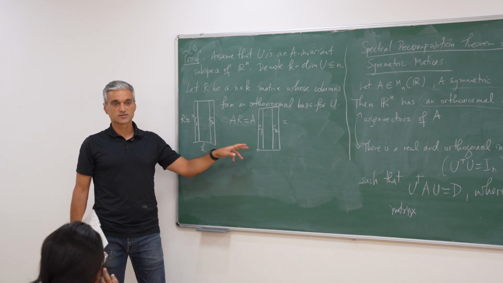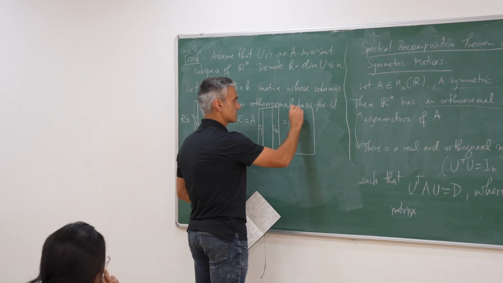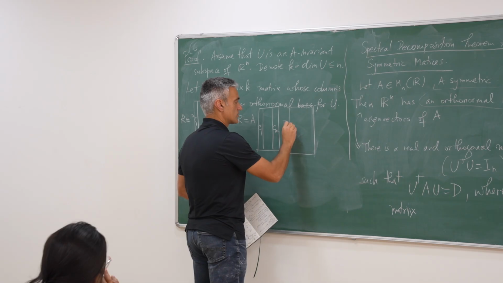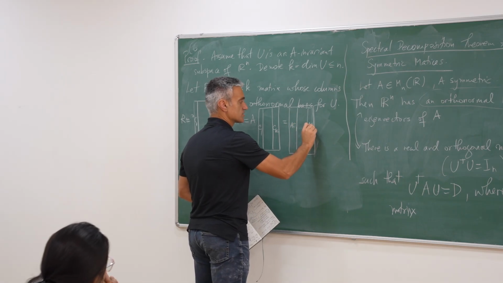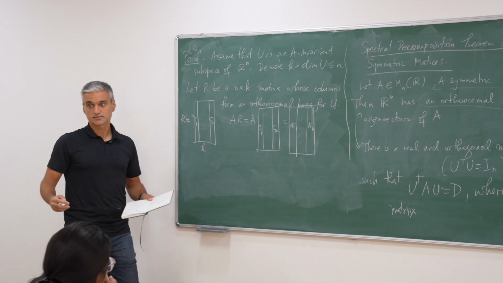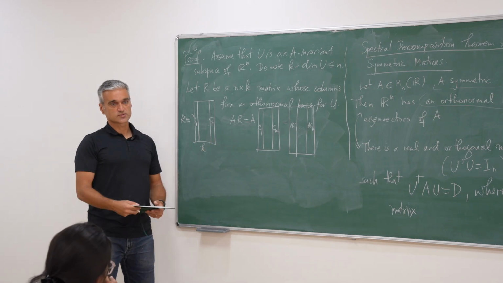Here, the result will be a tall matrix, where the first column will be AC1, and so on up to ACk. I mean, surprise, surprise: A times C1, A times C2, and so on.